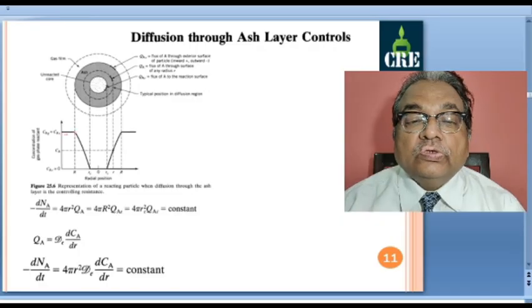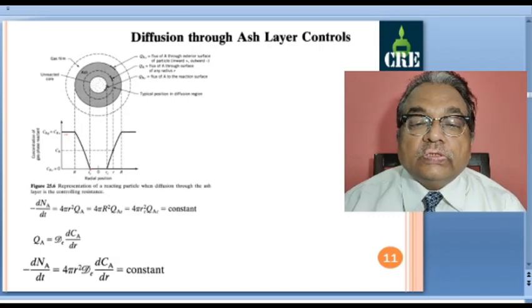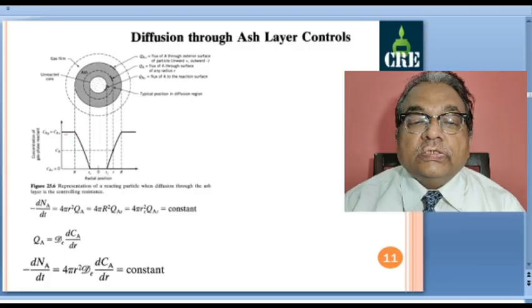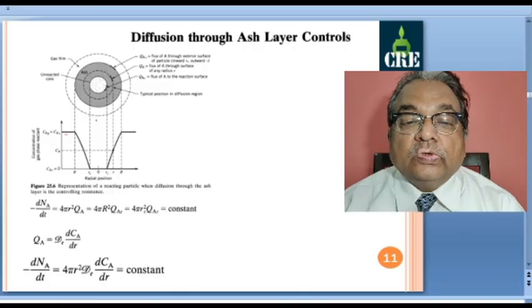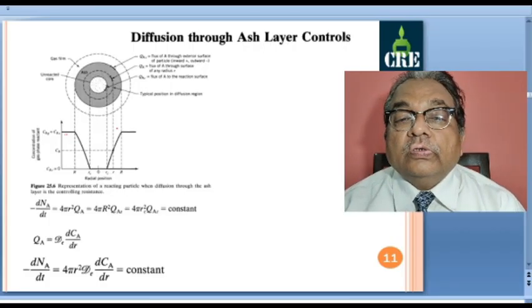That means no resistance is offered by the gas film, and this complete ash layer offers the resistance. So CAG, which is equal to CAS, falls to CAC, the concentration of A at the core, and its value falls to 0. That means this is the gradient and all the resistance lies in the ash layer. That is the assumption, and with this we will look into the complete derivation.